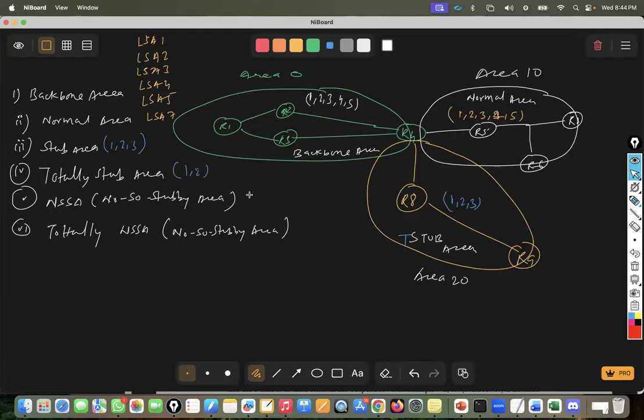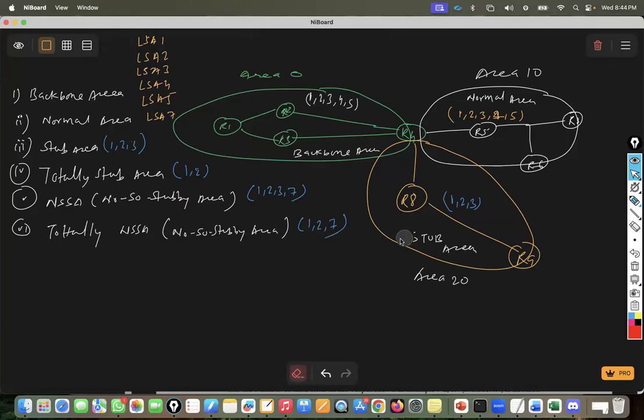If I configure the NSSA area, it allows LSA 1, 2, 3, and 7. If I configure the totally NSSA area, it allows 1, 2, and 7. Get my point? Make sense till here?